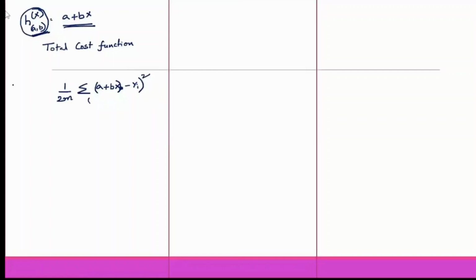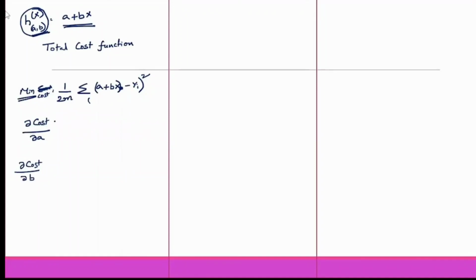Now, I'm not looking for a closed form solution. I am trying to look out for some alternative. If I say that this is my error function or cost function, I am trying to minimize this cost function with respect to the parameter a, and I am also trying to minimize it with respect to the parameter b.